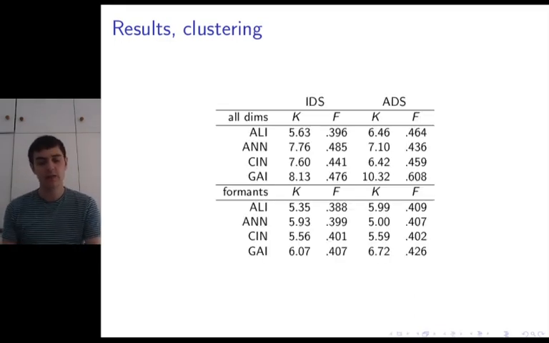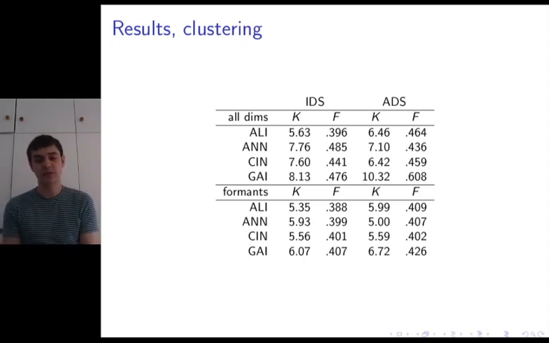If we look at the statistics for models that were applied to all of the acoustic dimensions that I considered, and those that were just applied to formant models, the addition of these further acoustic dimensions does result in a significant increase in both the number of categories that are found, and also an increase in the F-score, which is this accuracy statistic.